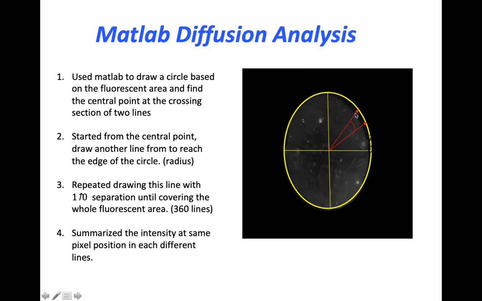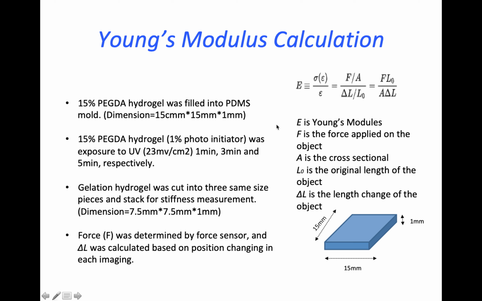So if I can get a pixel value on these lines, and then scan this area, I will have the profile of this fluorescence area.